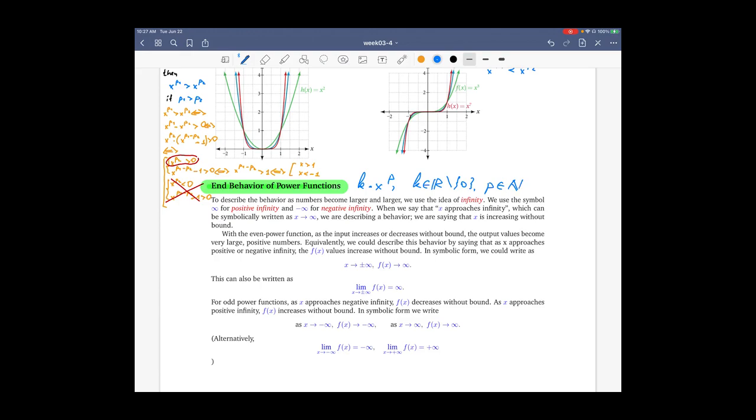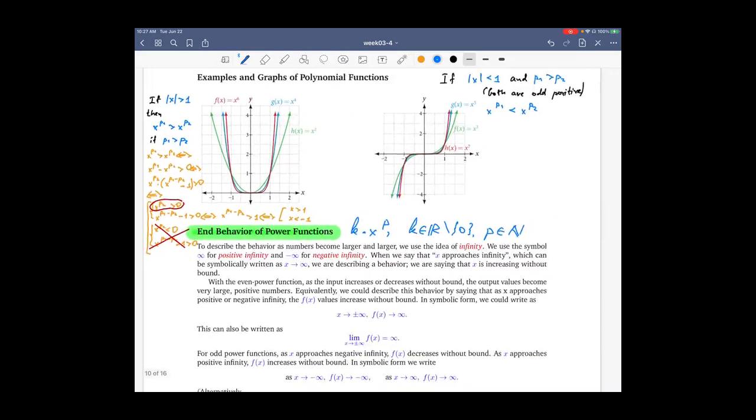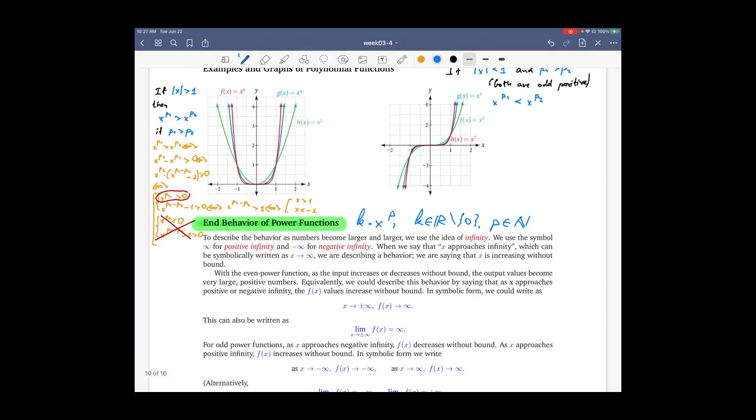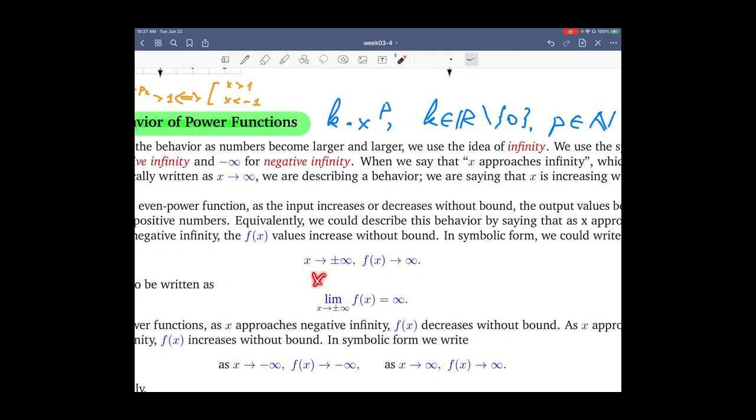To describe end behavior, we use special notation. We will say that x approaches positive infinity, and write x approaches positive infinity, to mean that x is allowed to take arbitrarily large positive values.